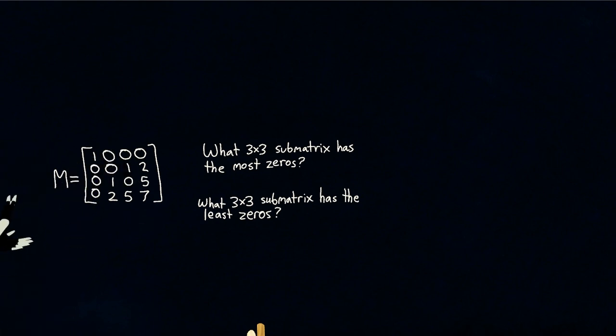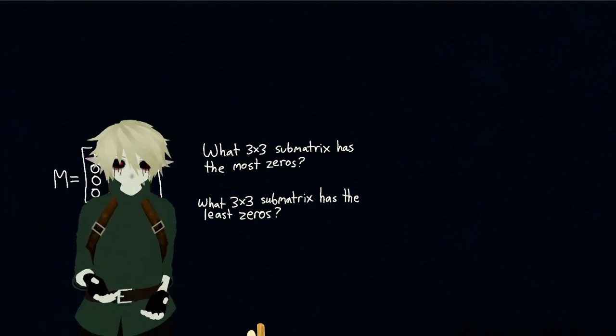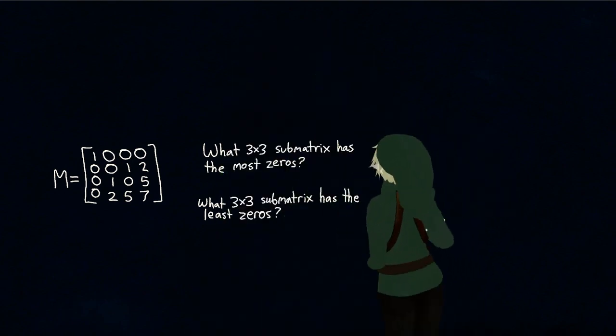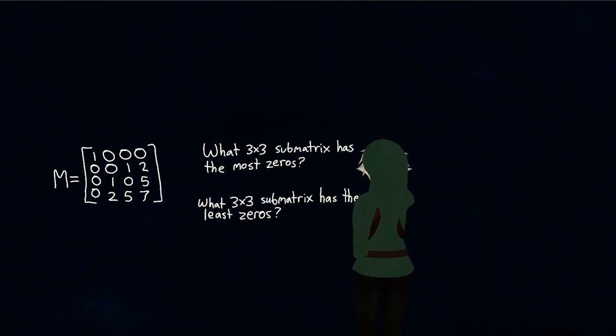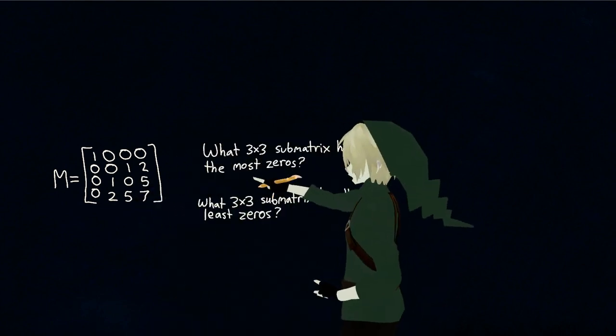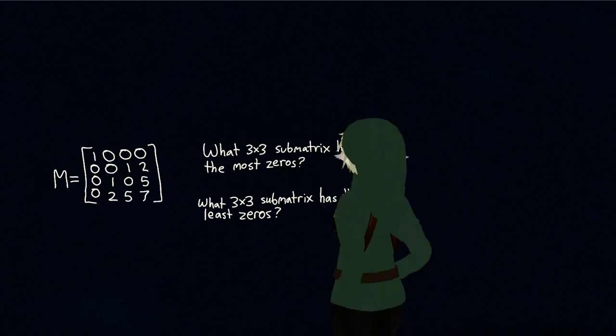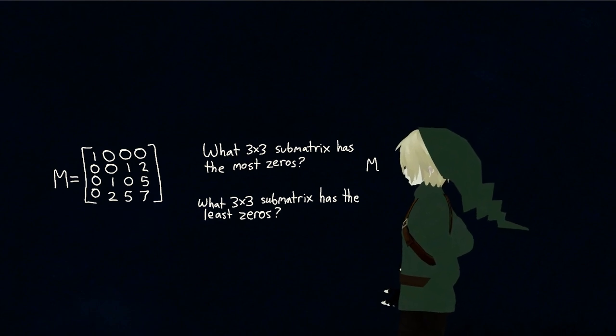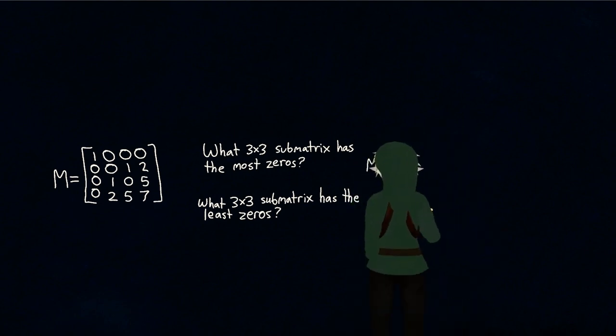But how do we write it? The way we write our answer is with a capital M, and then the row and the column that you want to delete. That means we want to delete row 4 and column 4, so our answer will be M44.